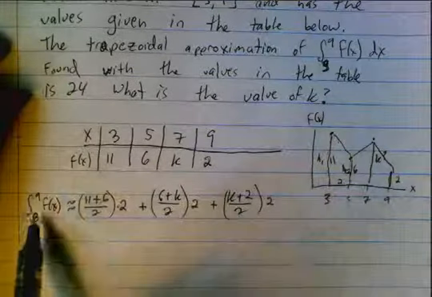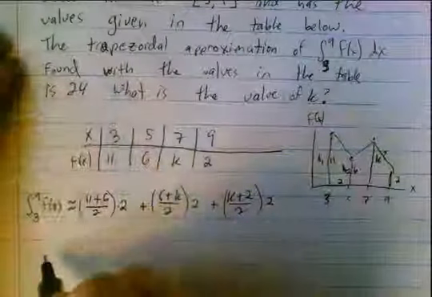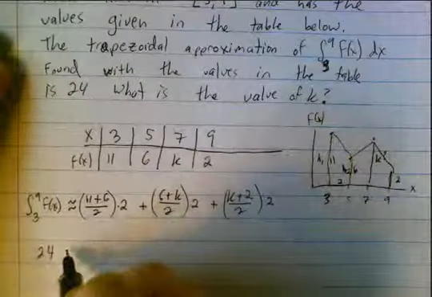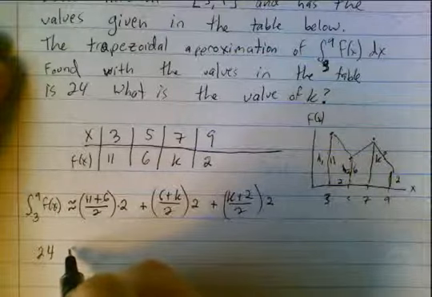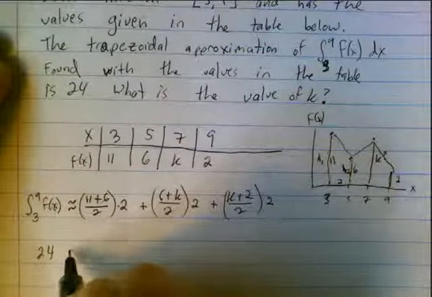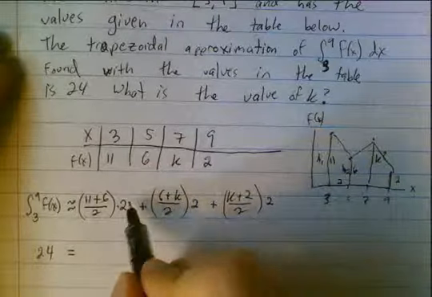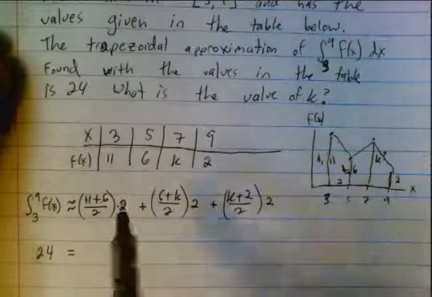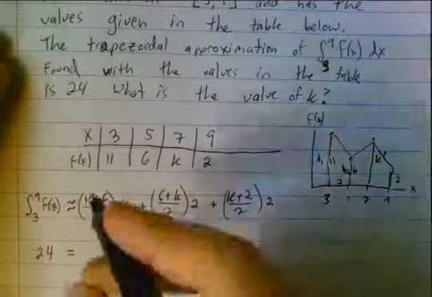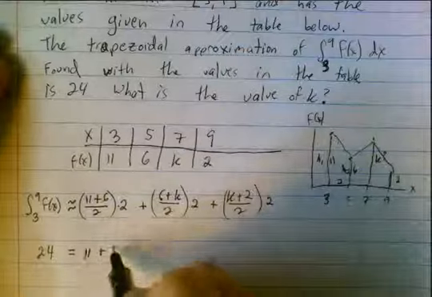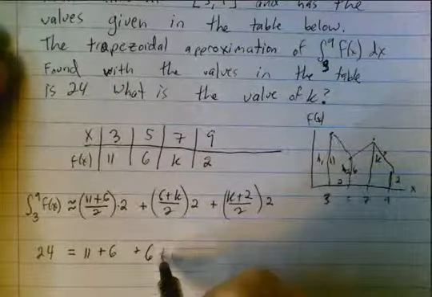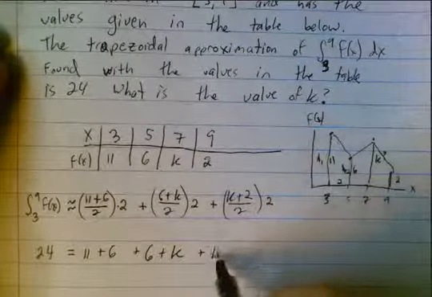Now I'm told that this estimate is 24. So I can say 24, and this is the estimate, so I can say it equals this. We can cancel out these 2's, or if we couldn't cancel them out, we could just distribute it and divide. So we've got 11 plus 6 plus 6 plus k plus 2.